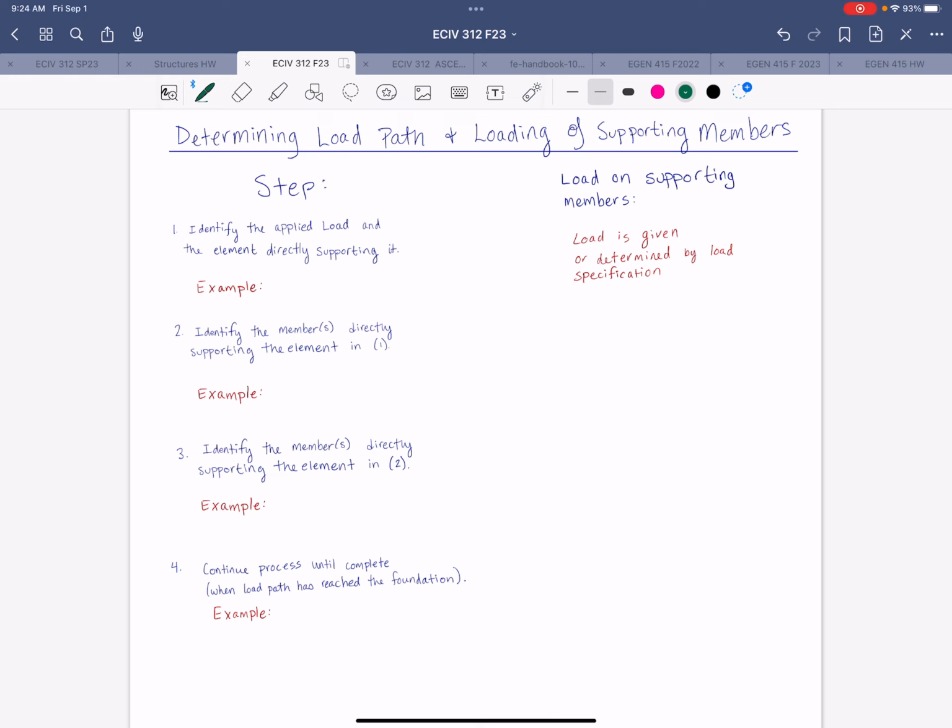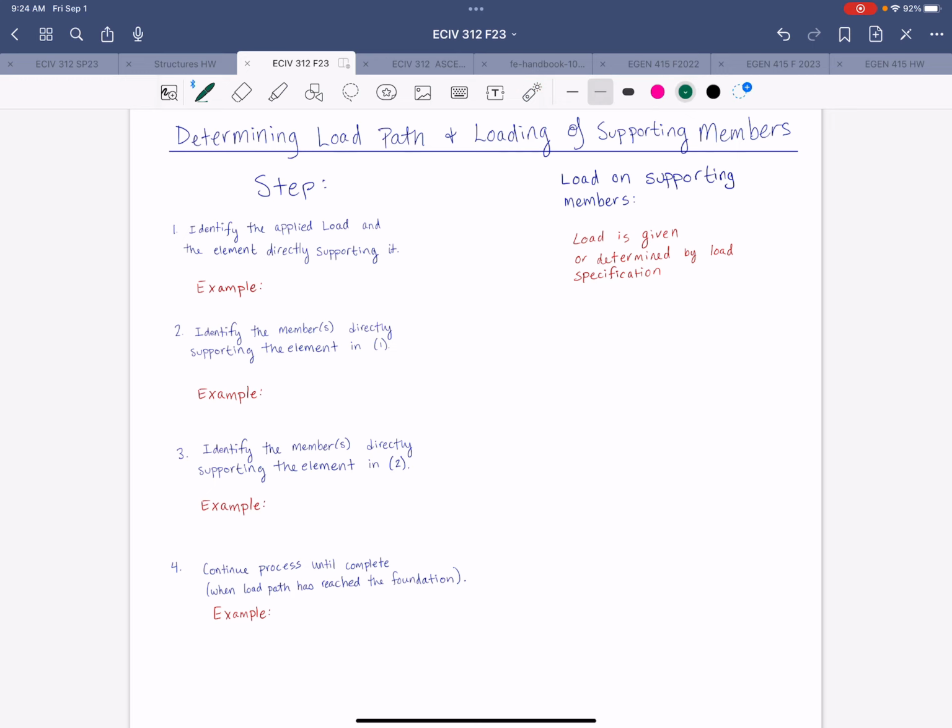So the first step would be to identify the applied load, excuse me, and the element directly supporting it. In this case, that would be whatever load is given, or loads that you determine through load specification. Since we haven't covered load specification in this class yet, loads are given for now.